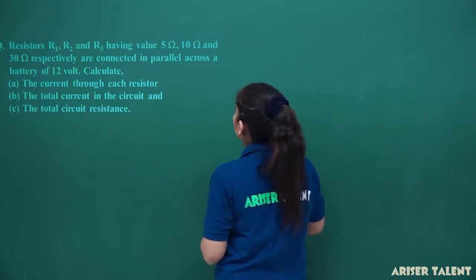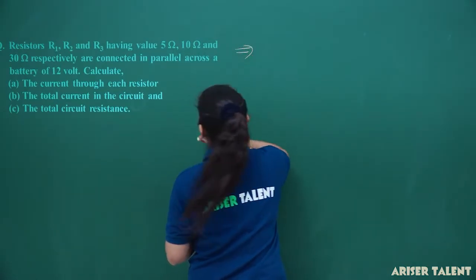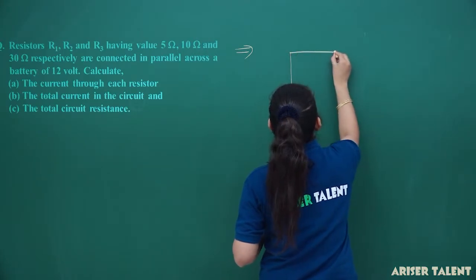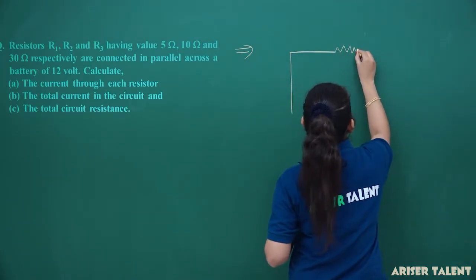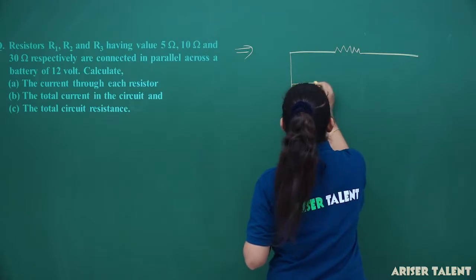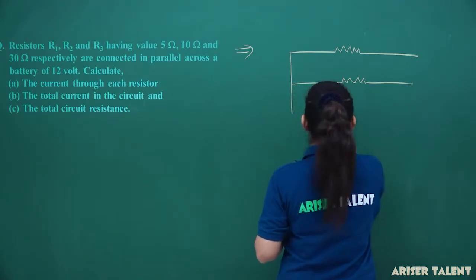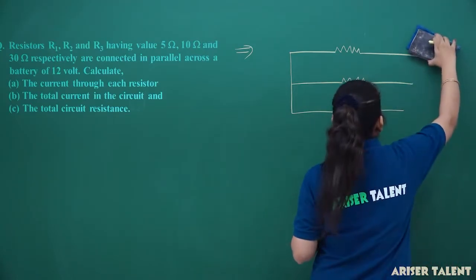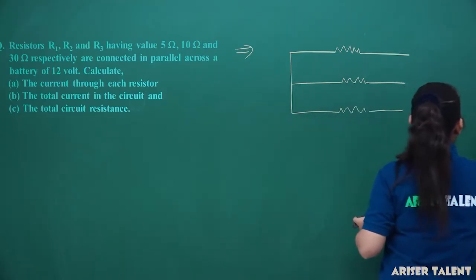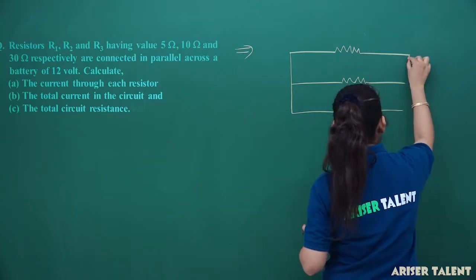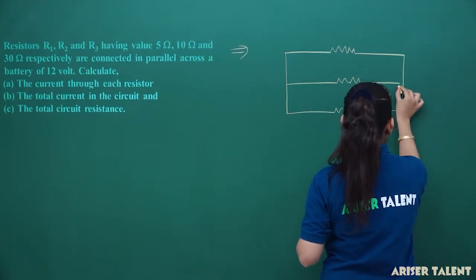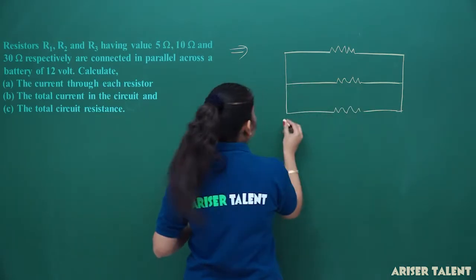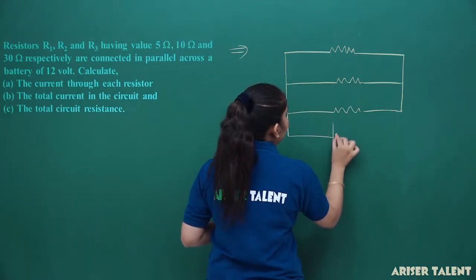So, let's draw the circuit diagram here. We have the 3 resistors. We have given 3 resistors here. Now, these 3 resistors are connected by a 12 volt battery.